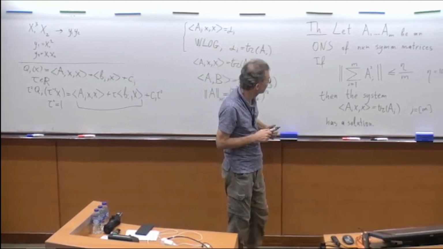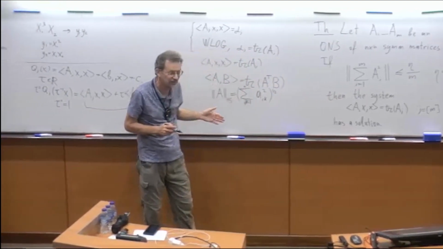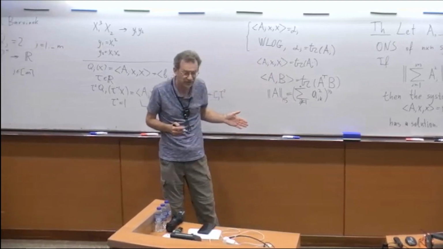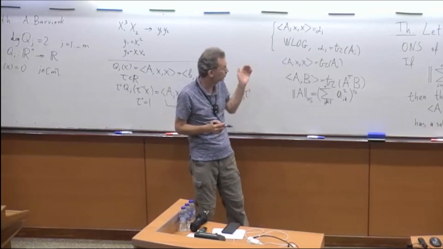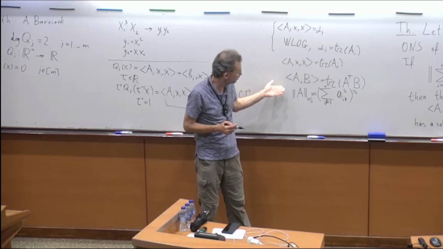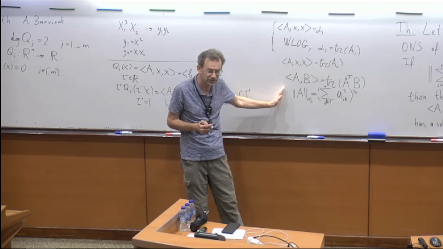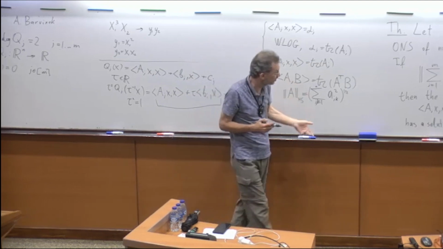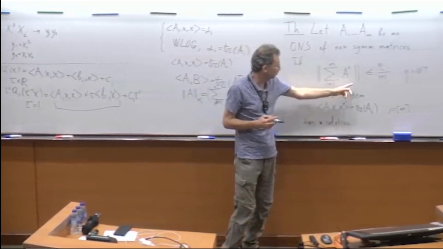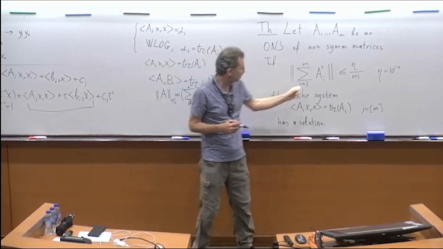And another remark is that the whole process is efficiently computable. So you have to orthogonalize the system of matrices, for which you have Gram-Schmidt, which is efficient, and then you have to evaluate the norm of this matrix.